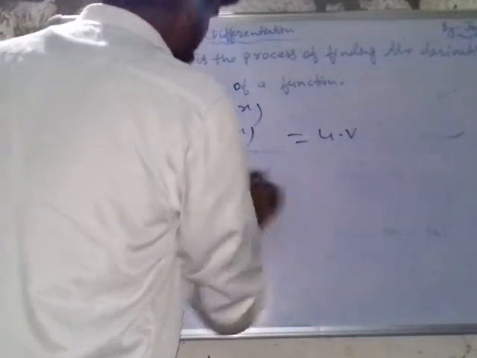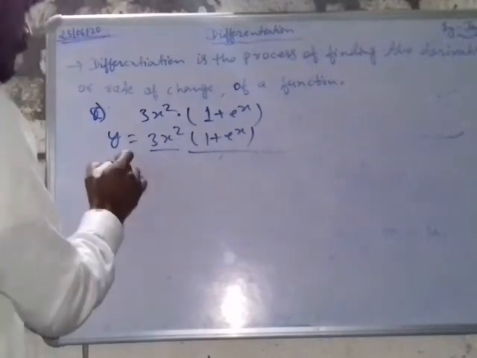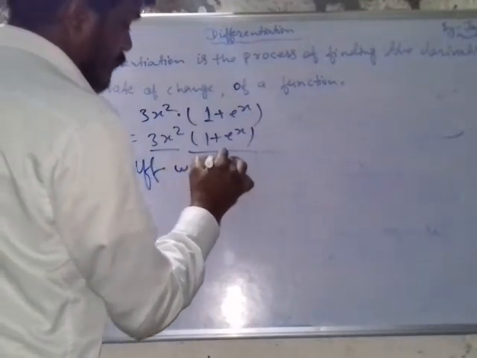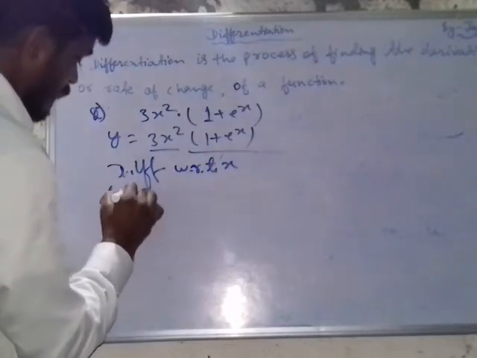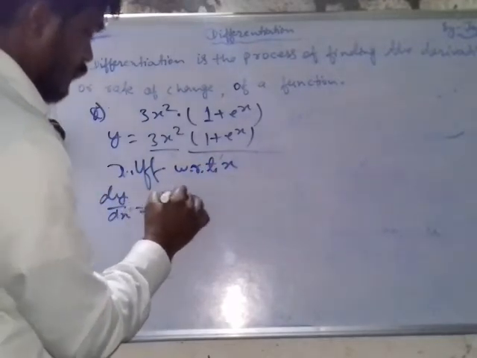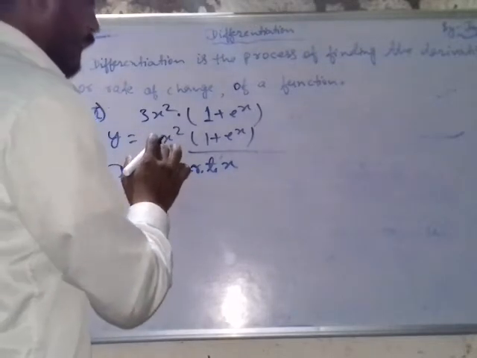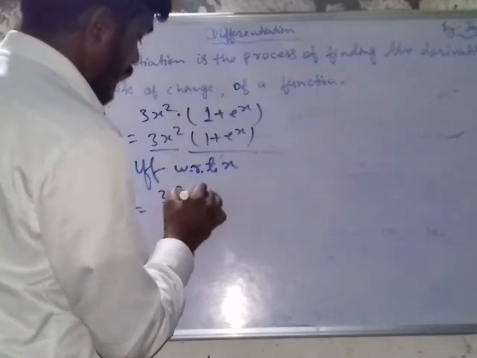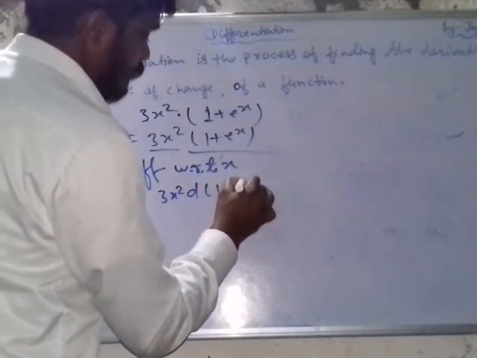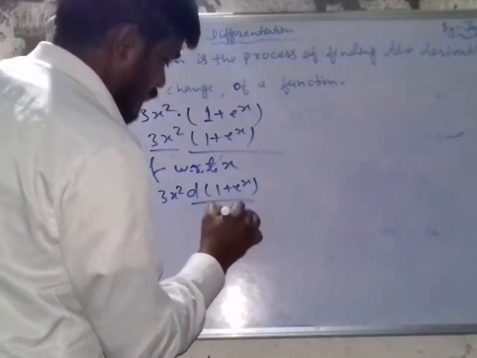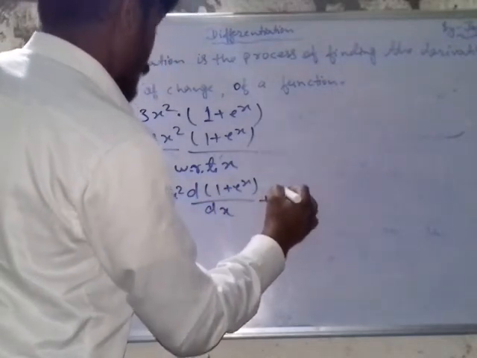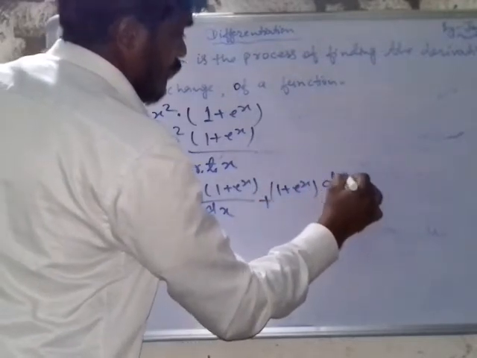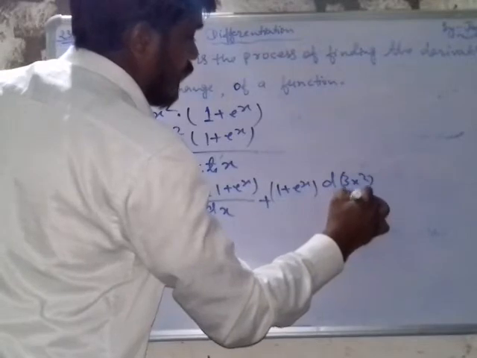Then differentiating with respect to x, dy by dx equals, if we choose 3x square as u, 3x square into the differentiation of 1 plus exponential x, plus 1 plus exponential x into d 3x square by dx.